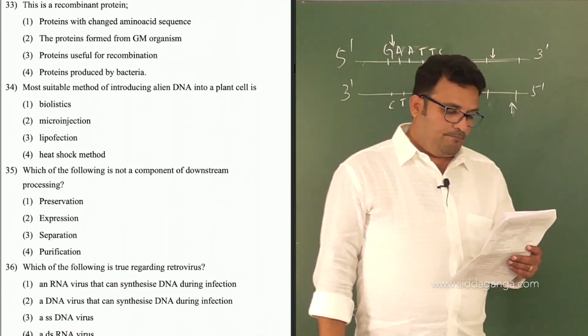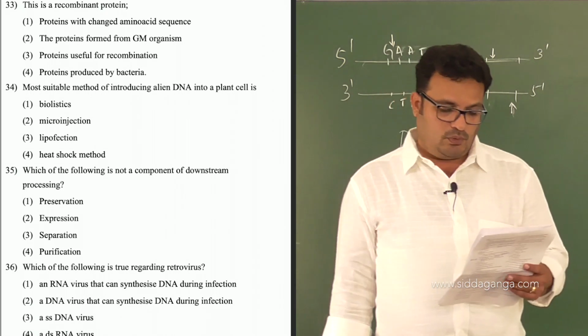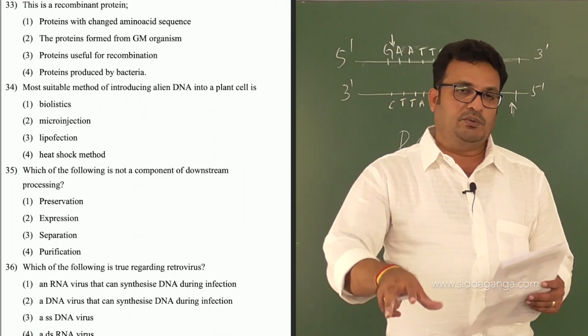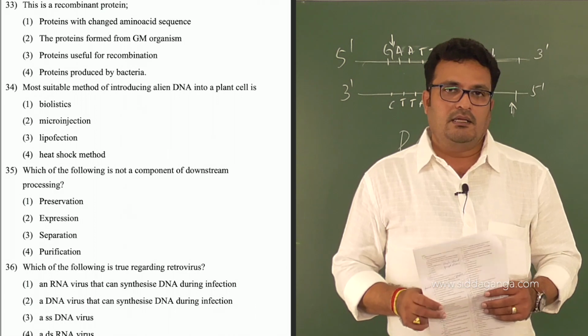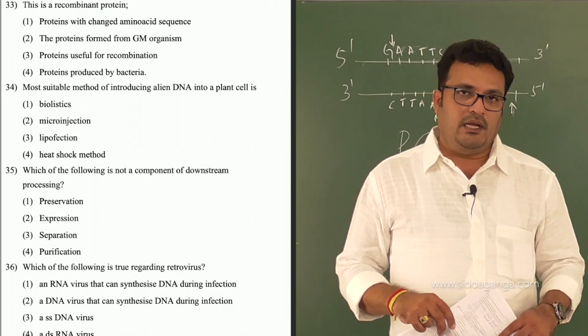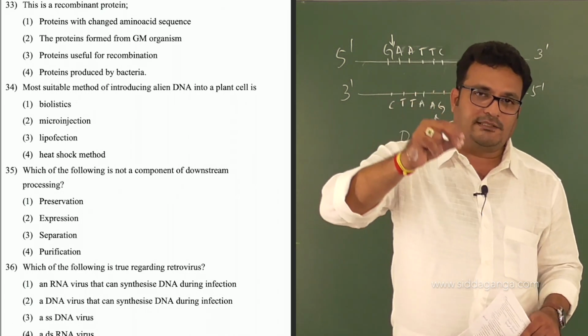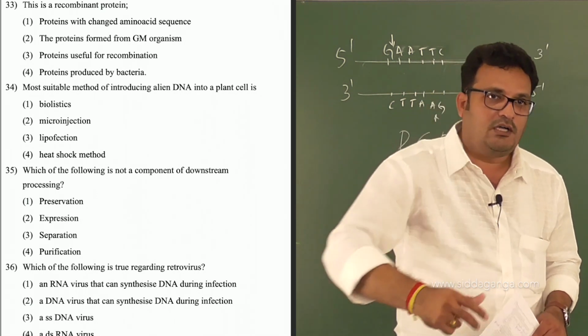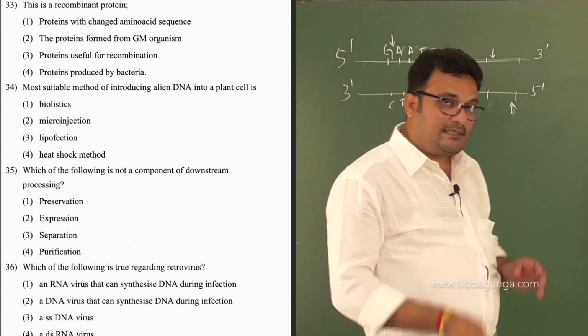Question number 33. This is a recombinant protein. As I told you, when the recombinant DNA is made and is made to express in a heterologous host, not in the same host.